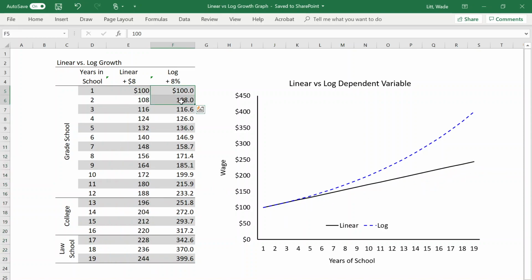But if you're adding a constant percentage, now you're adding 8% to 108, and it's going to add that little bit extra. And you're starting to compound, and you're going to start to see exponential growth. And it's exhibiting this idea of increasing returns to, in this case, an education.